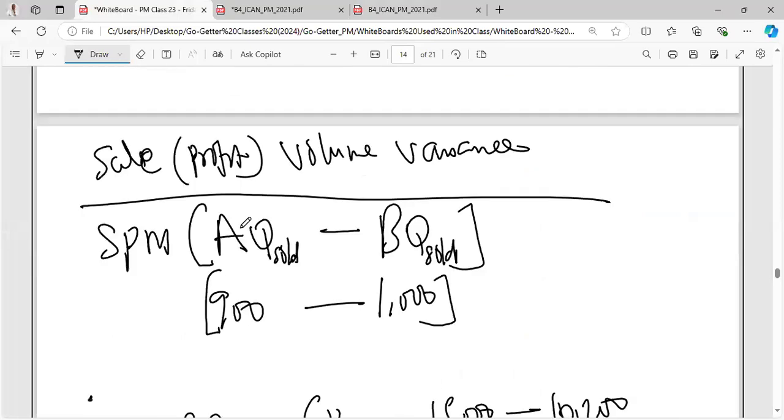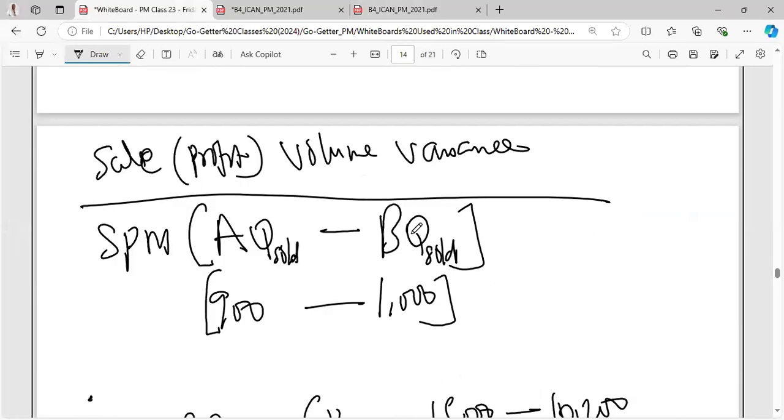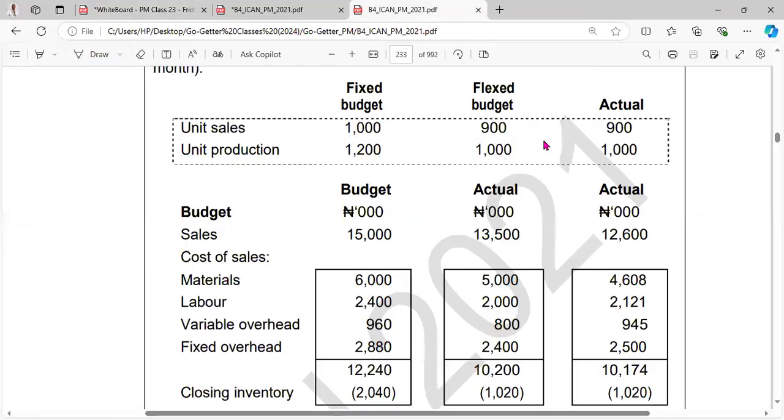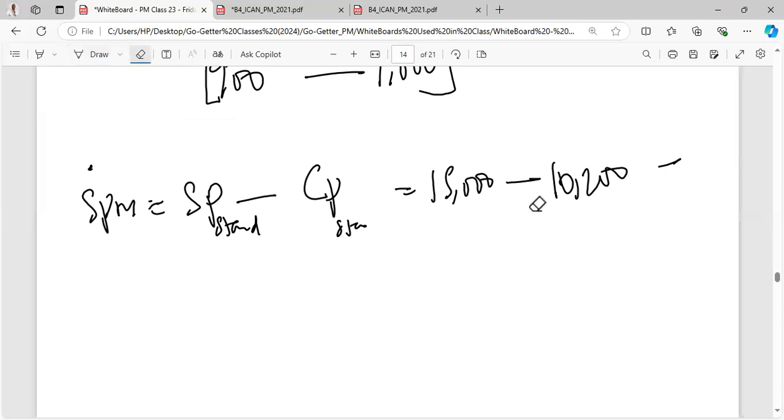Then volume variance. We are looking at actual quantity versus budgeted. I can even say standard, but let me use budgeted, and this is the fixed budget. So 900 was sold, 1,000 was budgeted. So 4,800 is our standard profit. That's what we'll be using.